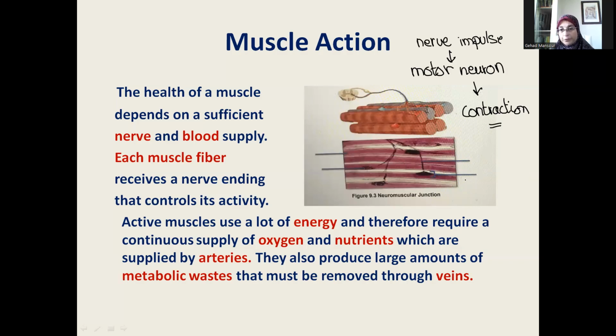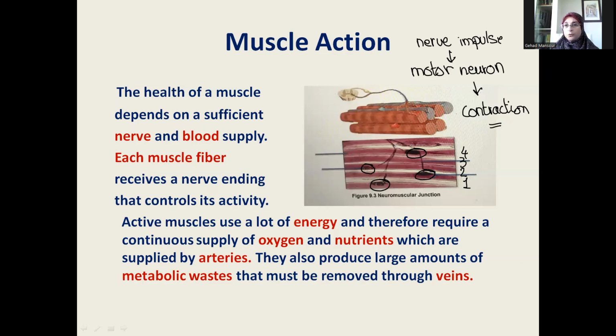And if we call them 1, 2, 3, 4, you will notice that 1 receives a nerve ending, 2 receives a nerve ending, 3 receives a nerve ending, 4 receives a nerve ending. So when the muscle is innervated, each muscle cell or each myofiber will receive an individual nerve fiber.